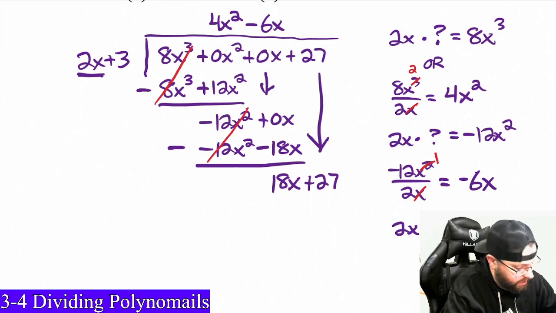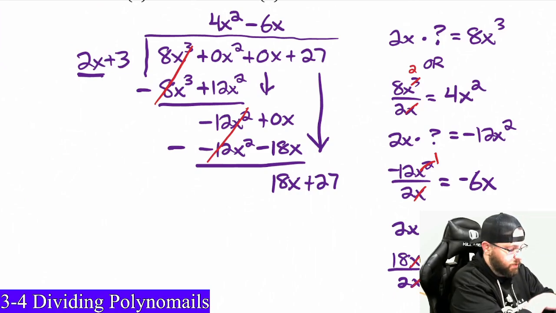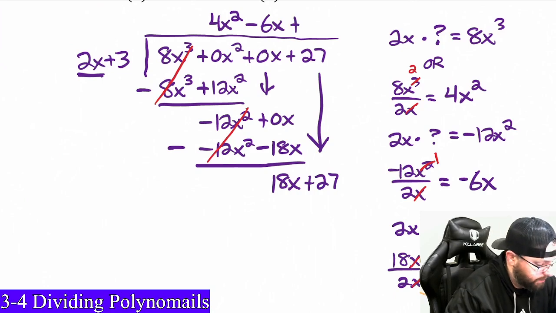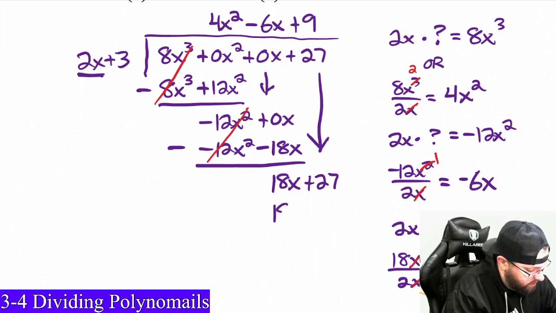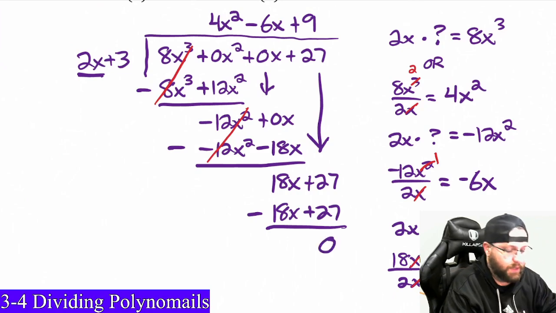If we take 18x divided by 2x, the x's are going to cancel out, and we're going to be left with just 9. So we're going to multiply both terms by a positive 9. So we're going to get 18x here. Remember, we're going to be subtracting it, so 9 times 3 is 27, which means we get a 0.